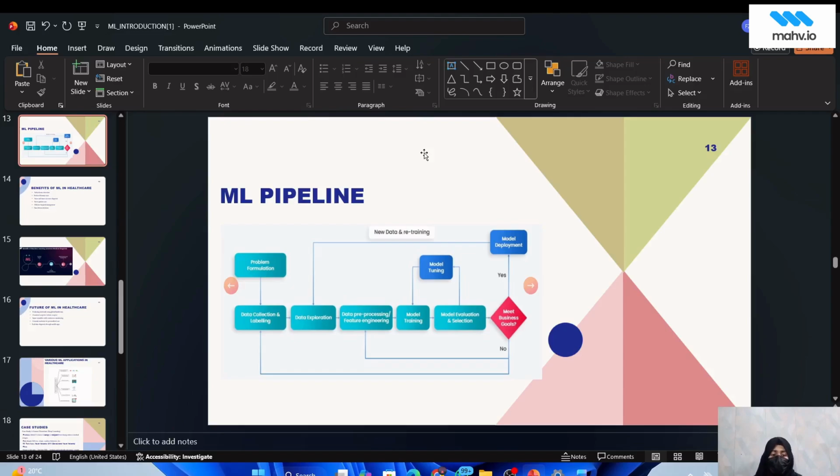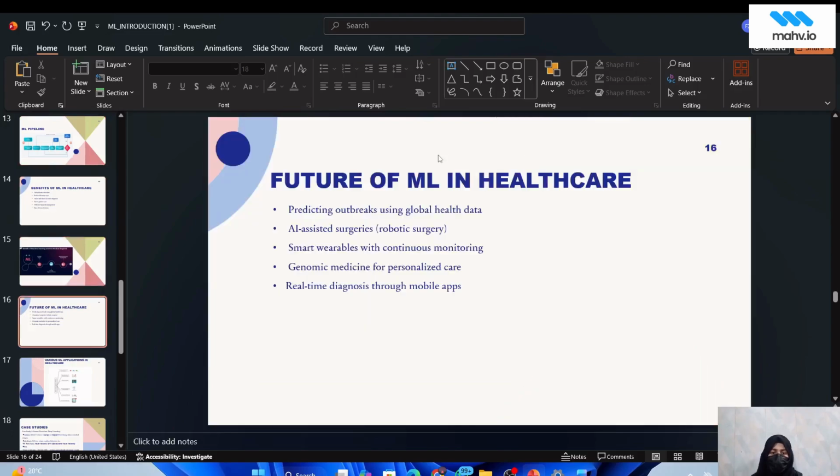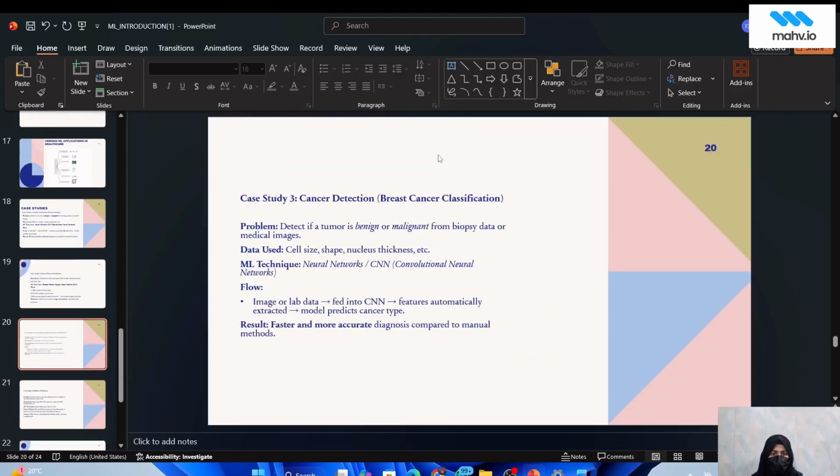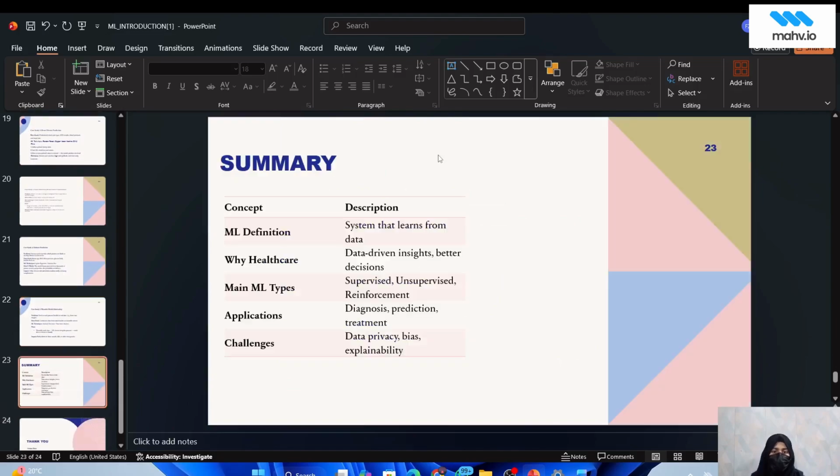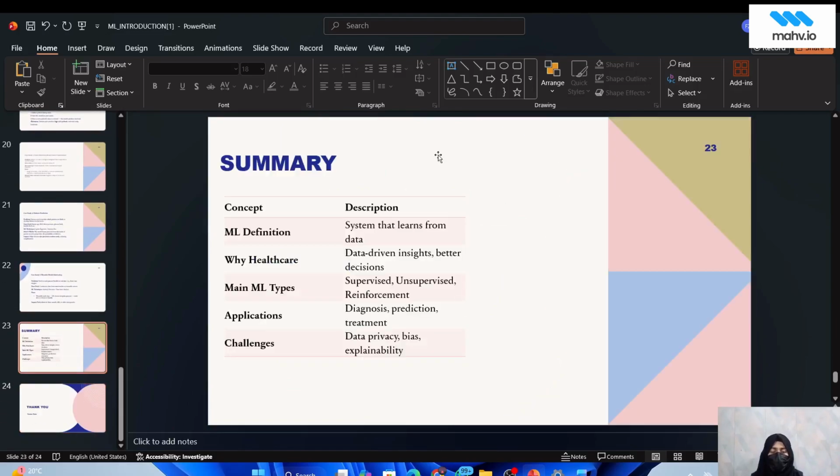First you have a problem, then you collect your data, explore it, pre-process it, model training, model evaluation, and if it meets your goals, then we deploy it. If there is any issue, we go back to feature engineering and data pre-processing. This is your main concern, and it will be used in each case study that we have discussed here. So this is all about the intro of ML in healthcare.